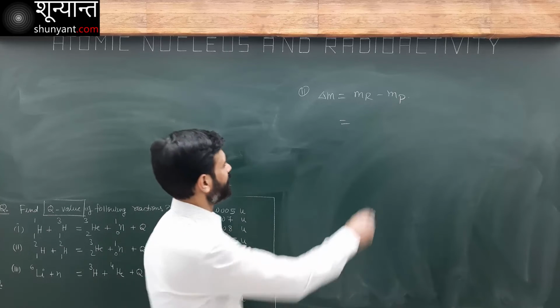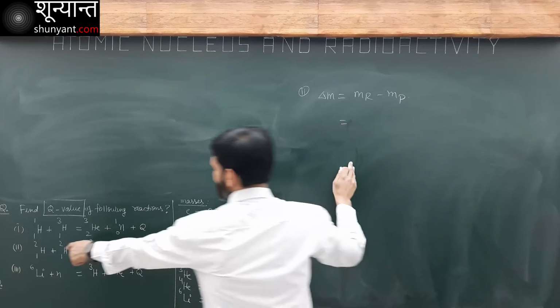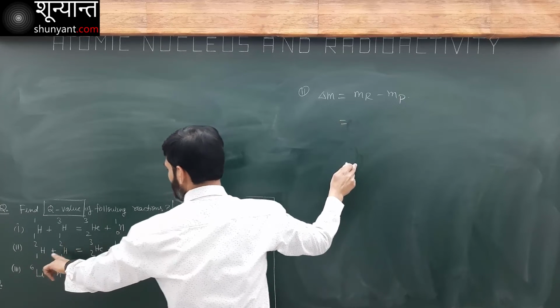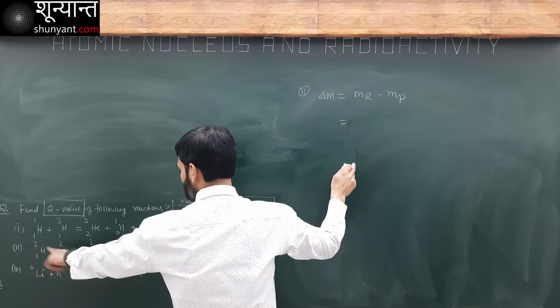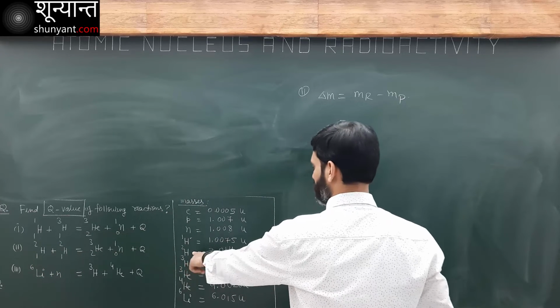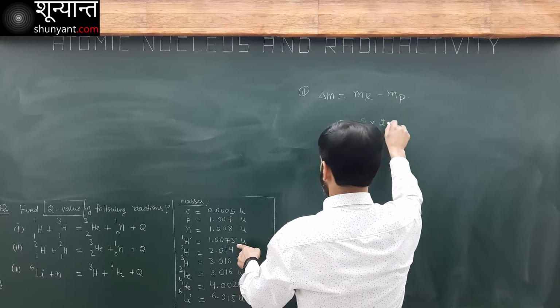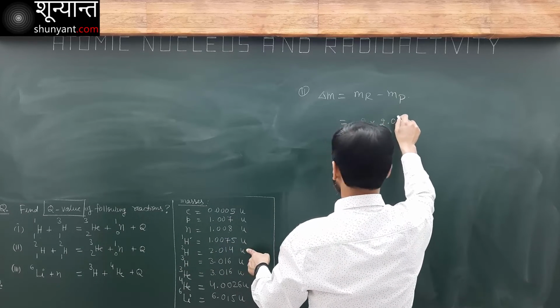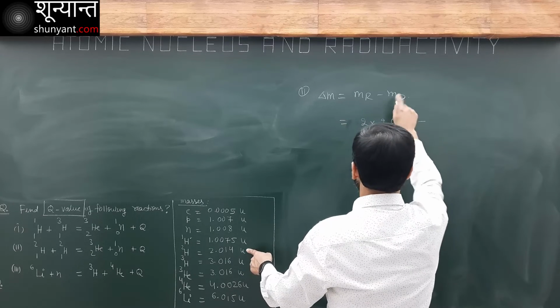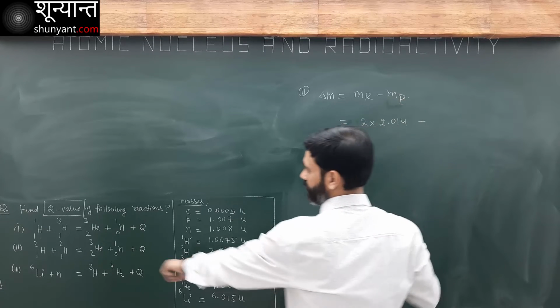It's very important. Mass of reactant: these are the reactants, so two nuclei of hydrogen-2. This is hydrogen-2, so 2 times 2.014, minus the product. What is the product?